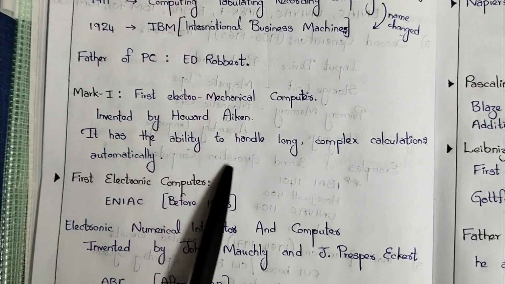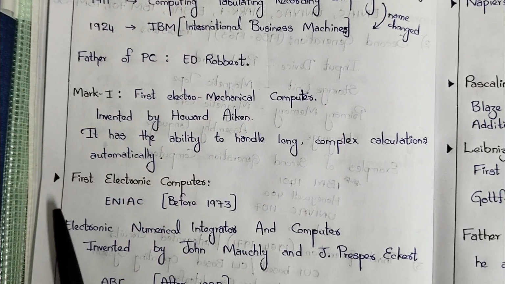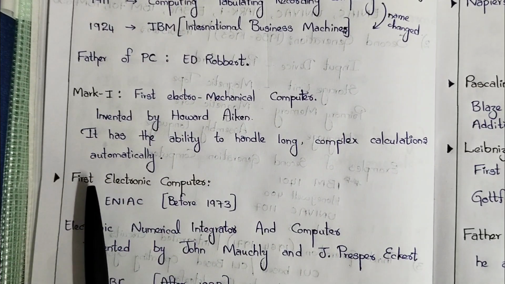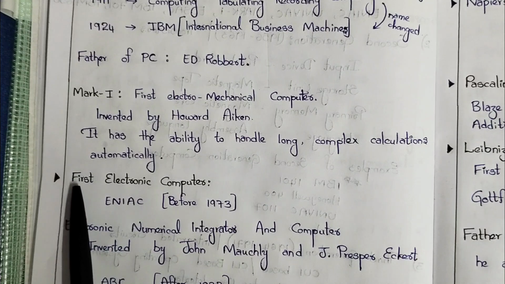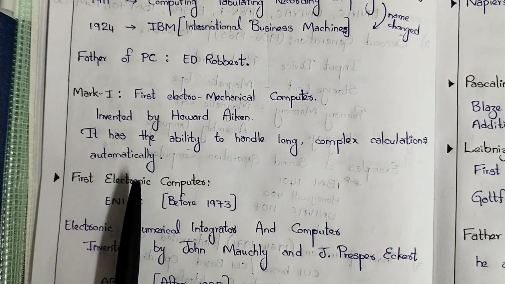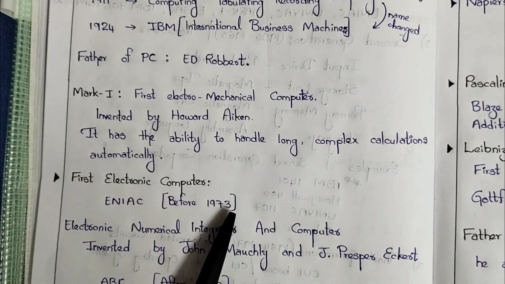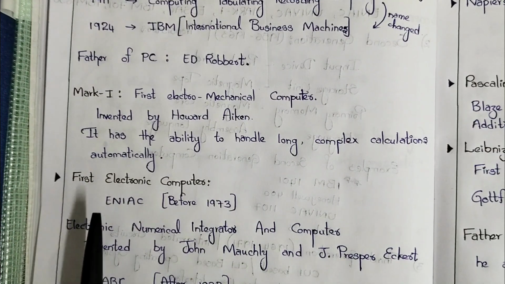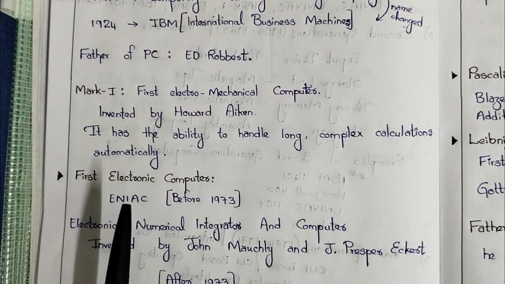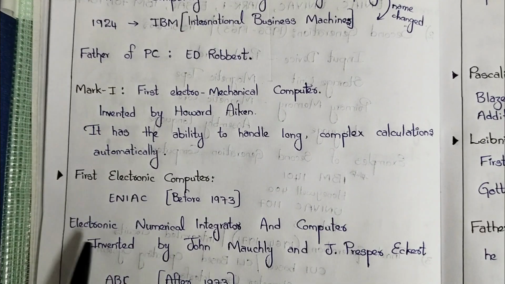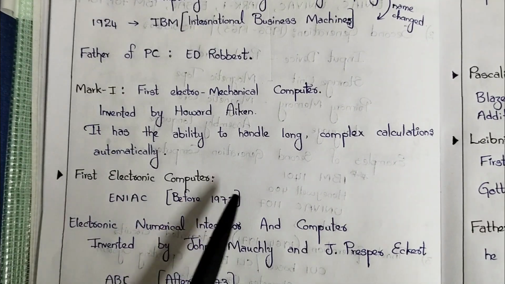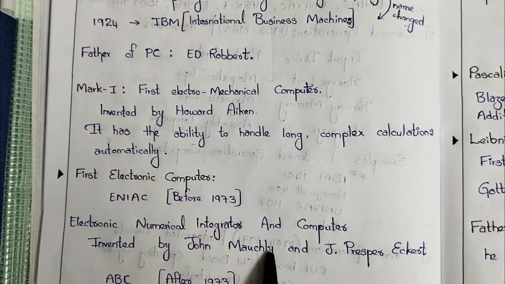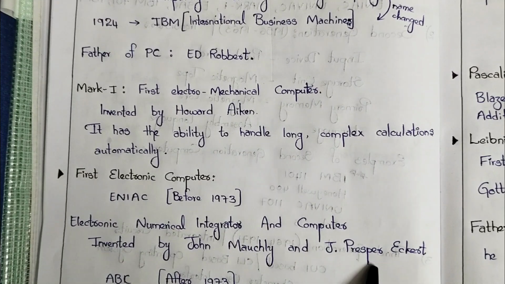So in the exam, if you see a question asking what is the first electronic computer before the year 1973, you should go with the option ENIAC.